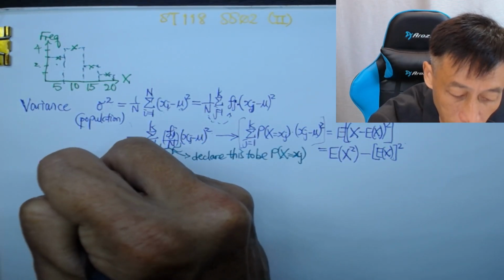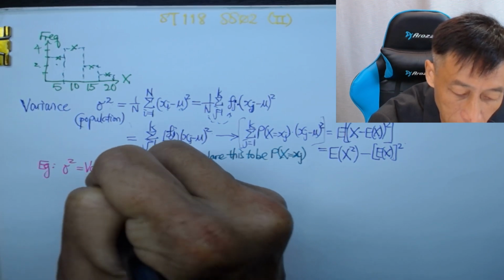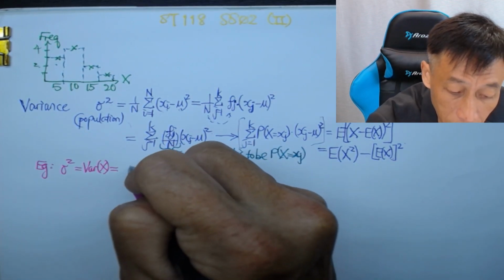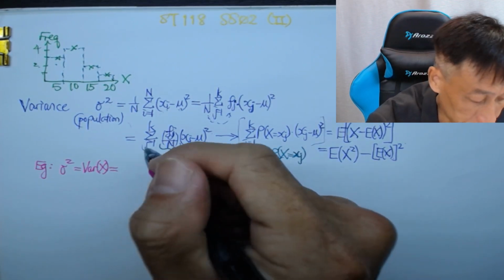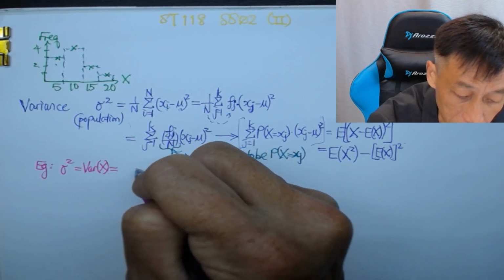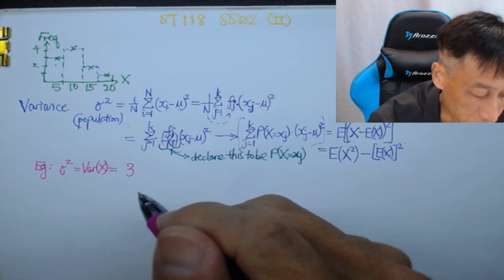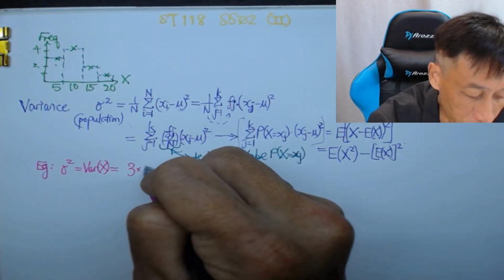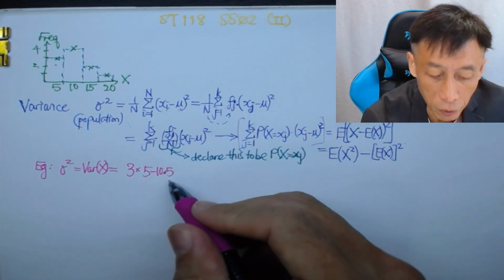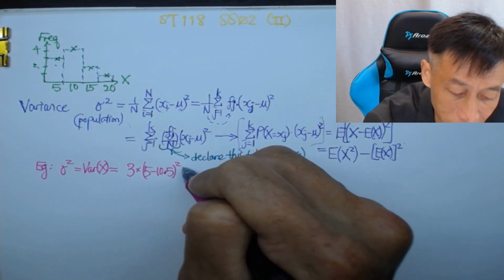So sigma squared, or in this case, the variance of X is, oops, no, it's 3 times, because it's this form: 3 times (5 minus, earlier on we calculated the mean to be 10.5 in the previous video) and this part is to be squared.